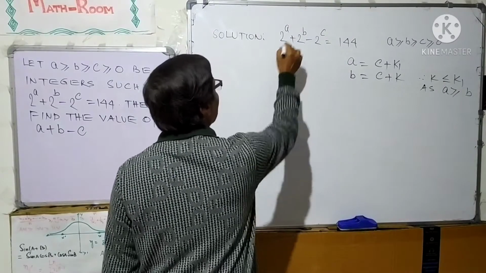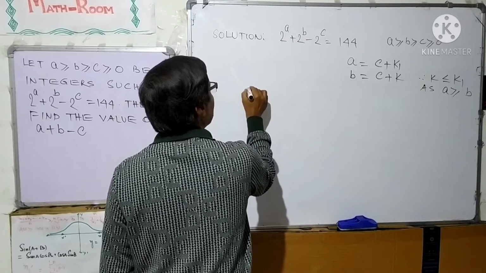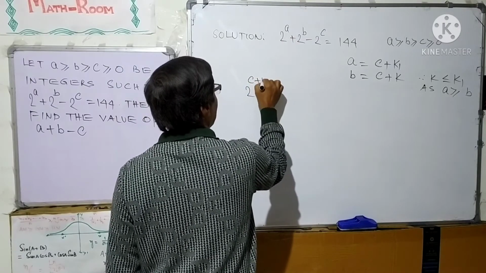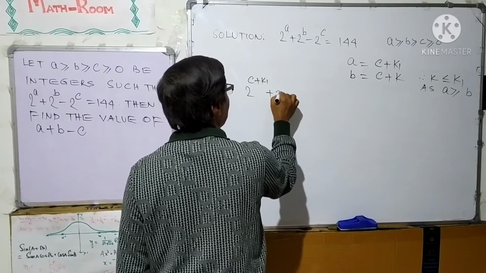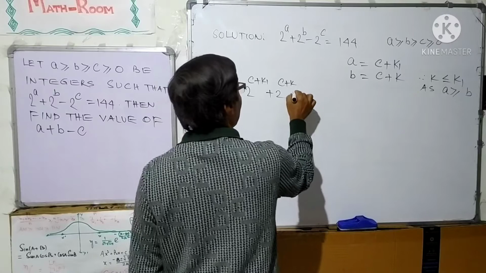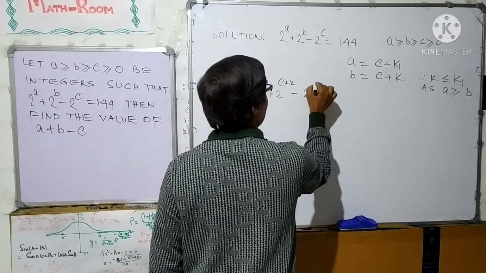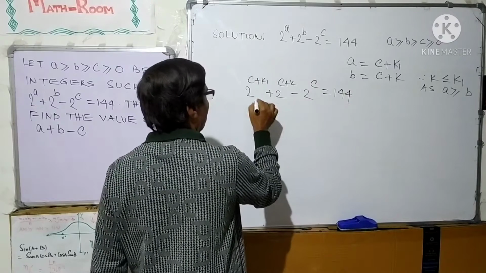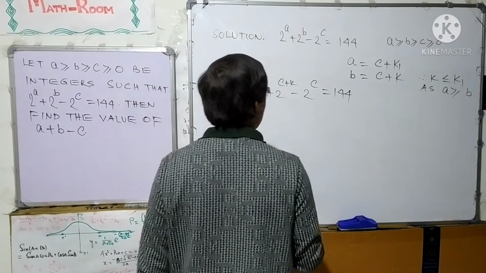So, we can write this equation in this form: 2^(c+k1) + 2^(c+k) − 2^c = 144. We can factorize the left hand side.